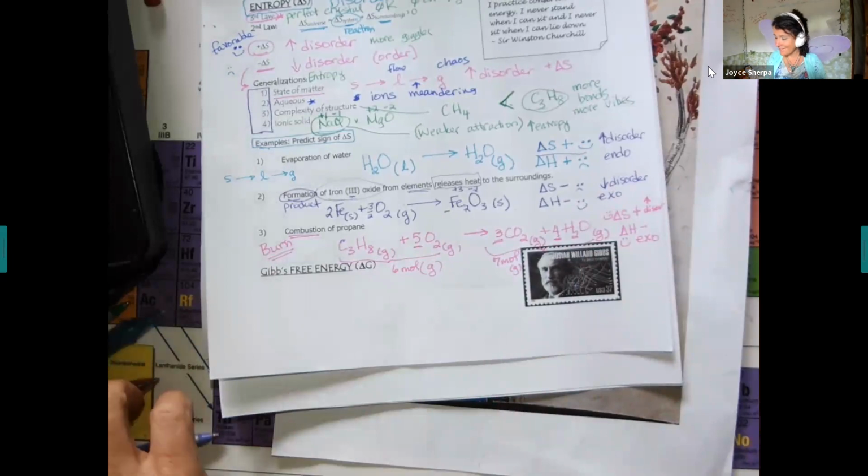Now, Dr. Gibbs gets to be on a stamp every couple of years in this country because he's considered one of the most famous American scientists. None of you picked him as your famous scientist, famous chemist, which may have been a good thing. His writing, his equation, we're going to dumb it down to our level, or to my level.